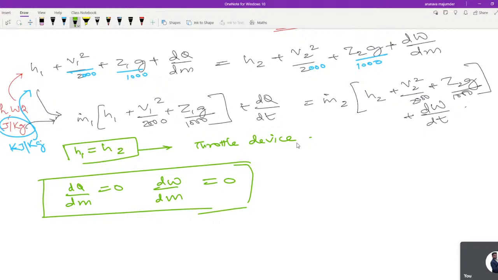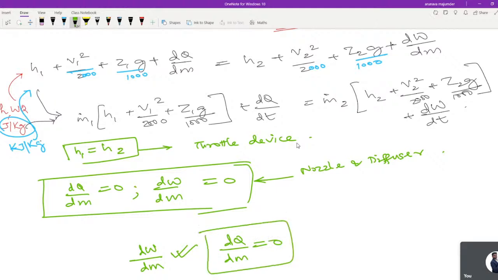They can also reframe the question like which of the following terms will be zero, whether there will be heat added or heat transfer or work done in nozzle and diffuser. So you have to be careful. In the nozzle and diffuser, there is no heat added and no work done by the system. Whereas in a turbine and compressor, there will be work done, but no heat added.